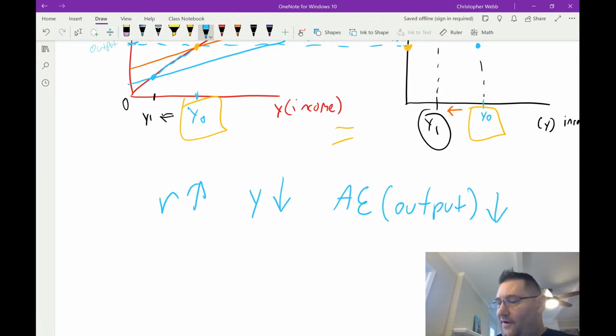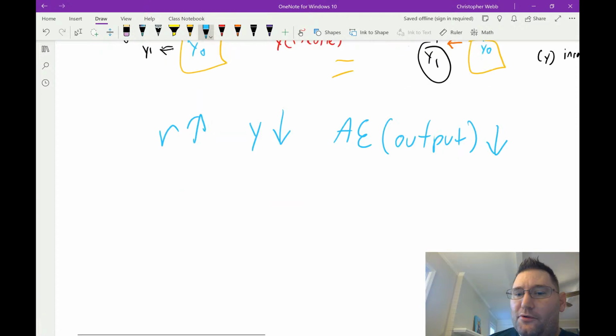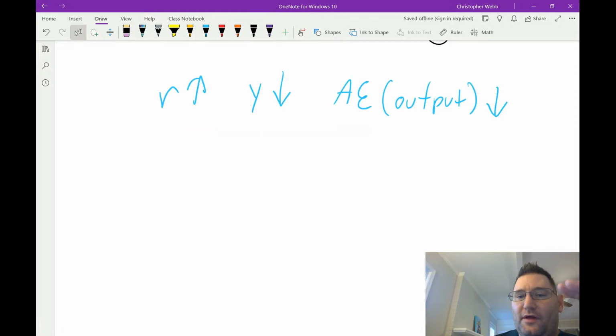Now, the Fed is trying to do this because they want to lower people from spending, which is getting out of control. They think that there's too much investment and not enough savings in the market. And what they're trying to do is they're trying to equilibrate the savings and decrease.